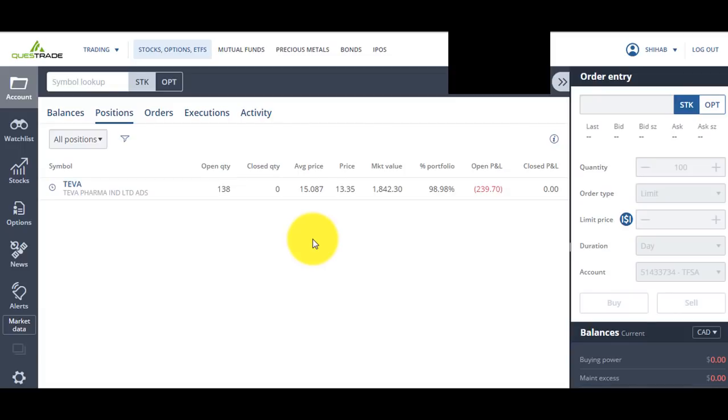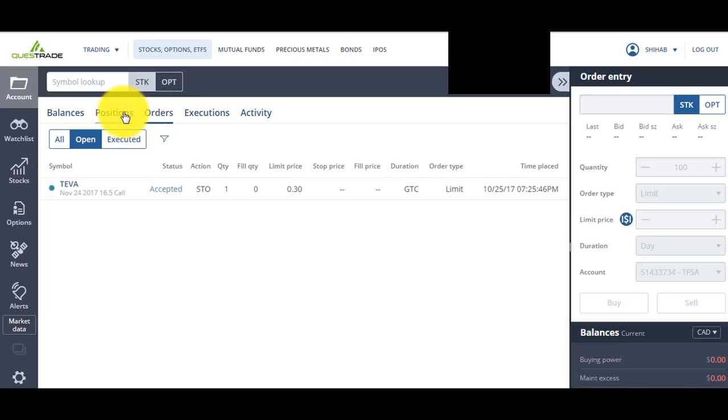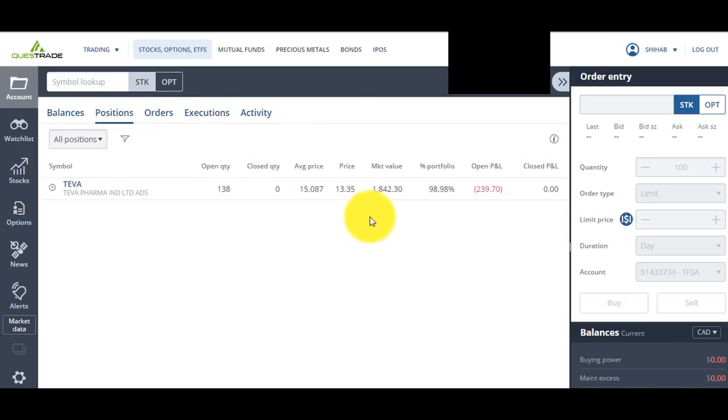Usually I go for 7 to 10% per trade. So let's see, what order do I have here? I'm probably gonna try to sell it at 16.50, maybe 17.